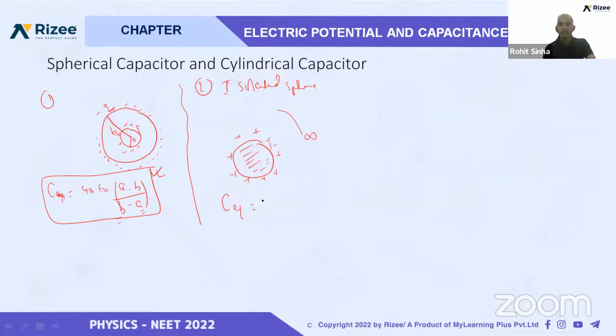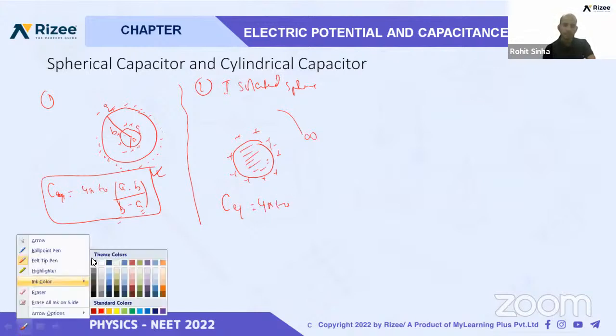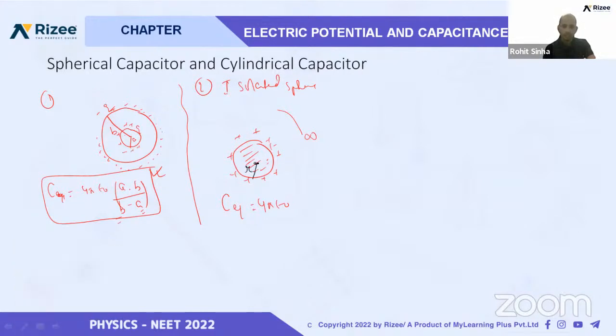Its capacitance, if the radius of the sphere is r, is 4 pi epsilon naught r. This is the formula for an isolated sphere. Any problem to anyone?